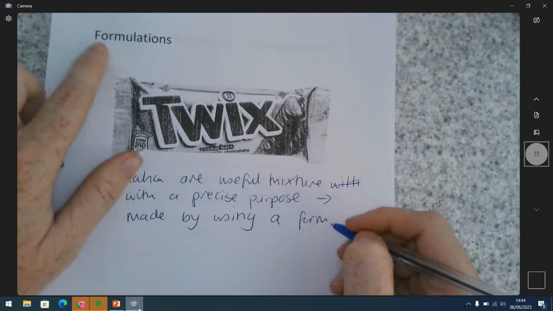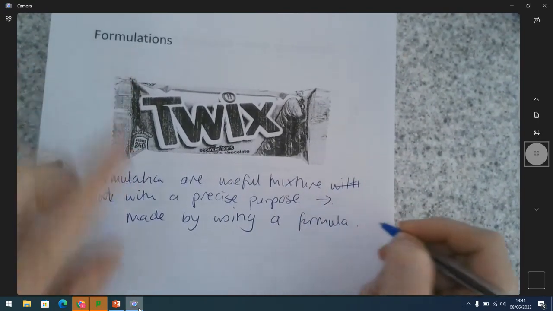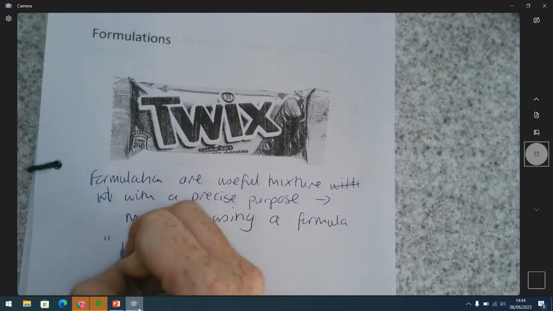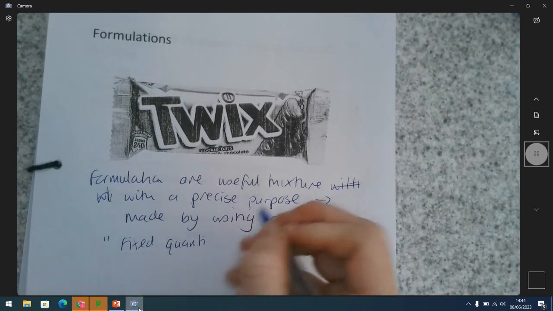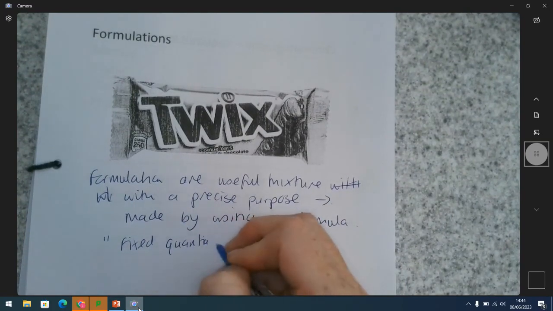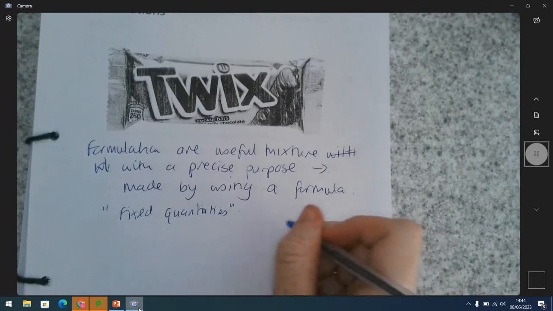That's where the word formula comes from. You can see the words in the actual name. So substances that have essentially got fixed quantities. And we went through this with you in the lesson and we gave you lots of different examples.